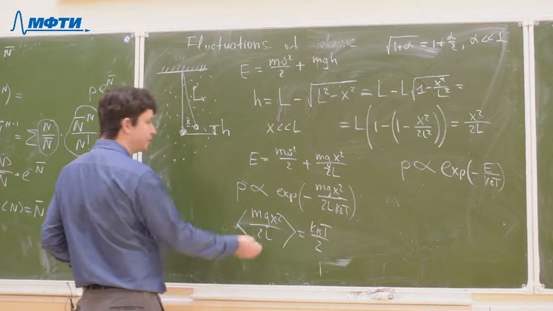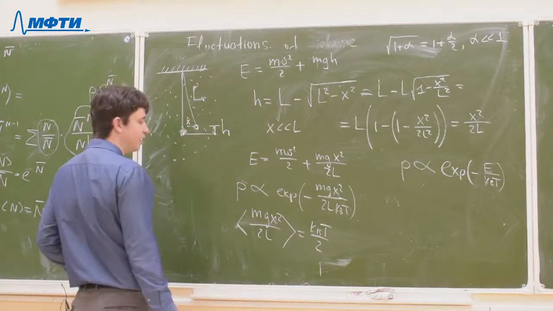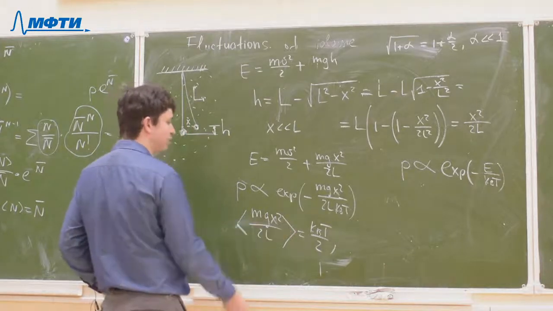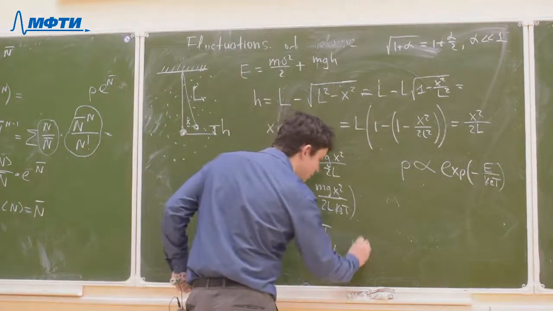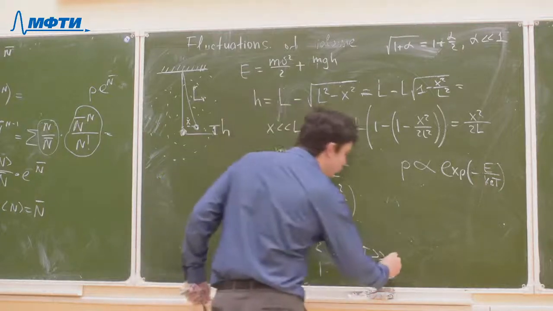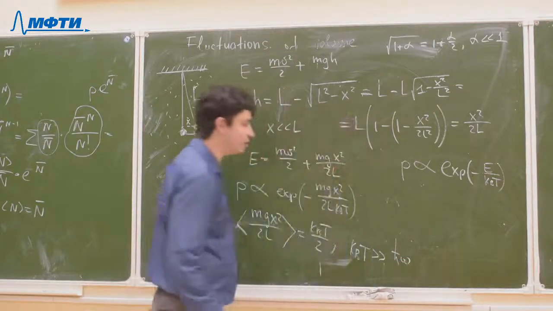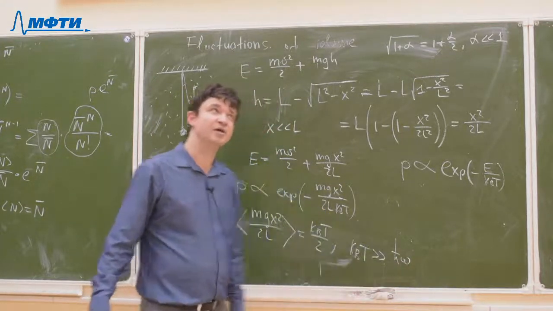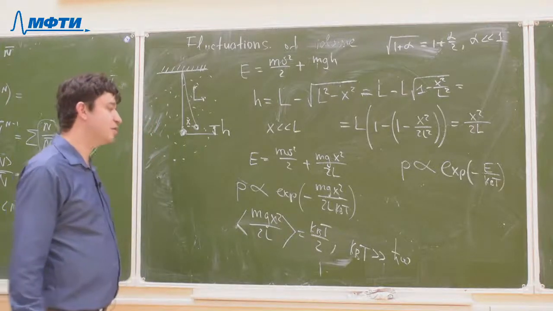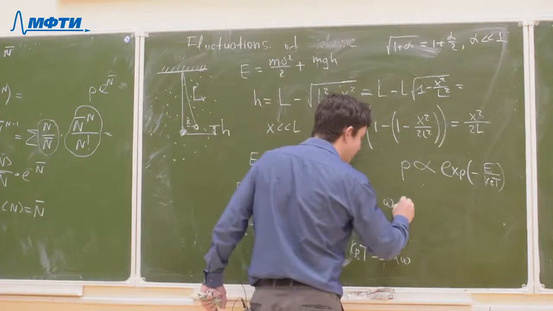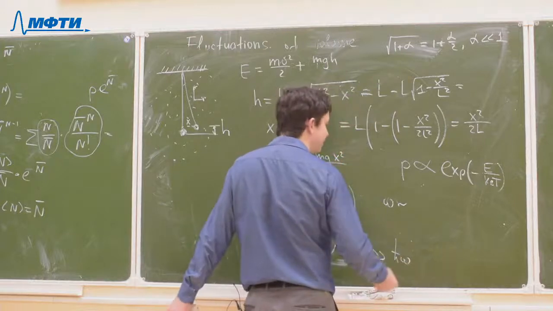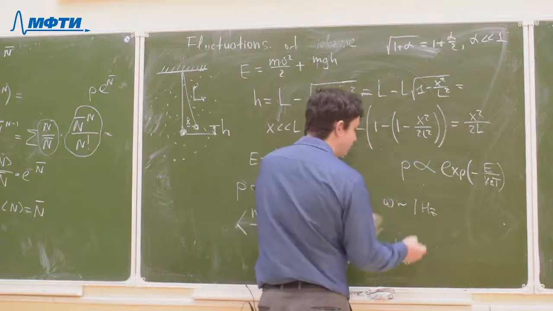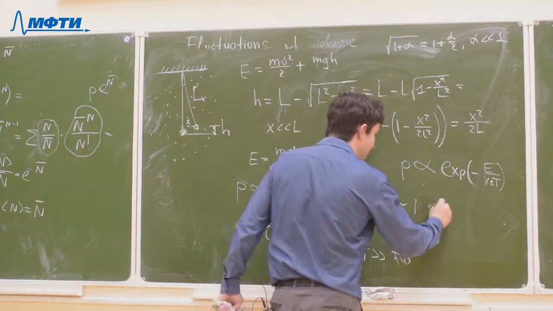Well, please note here that we have an oscillator, and one of the applicability conditions for this formula is that kBT is much larger than the quantum of energy in this oscillator. This quantum of energy contains an angular frequency of our oscillator, and for macroscopic oscillators, this omega is of the same order as, let's say, 1 hertz, so one reciprocal second.